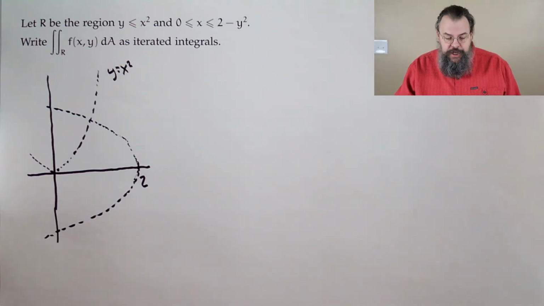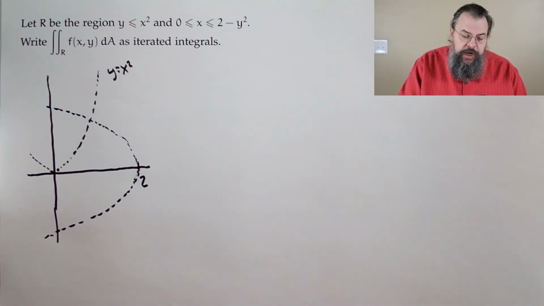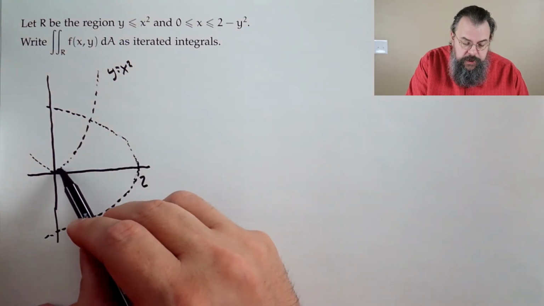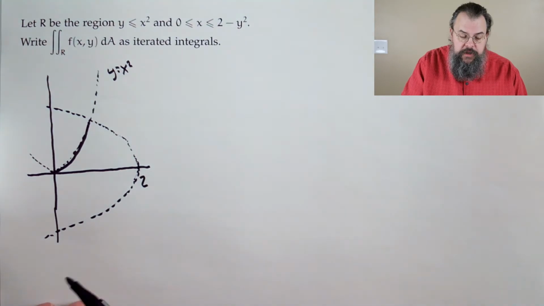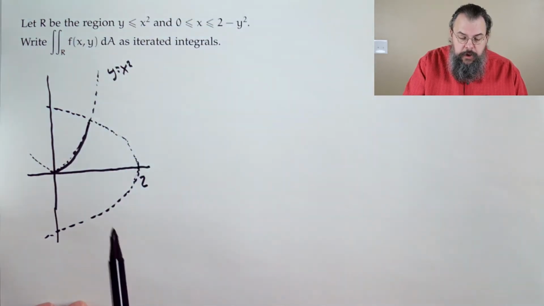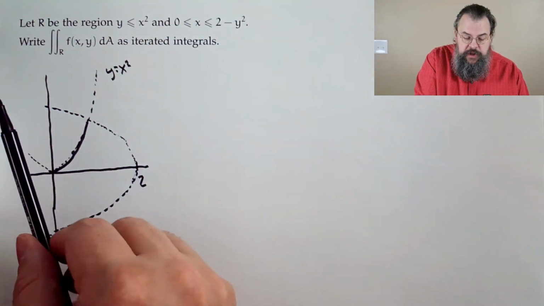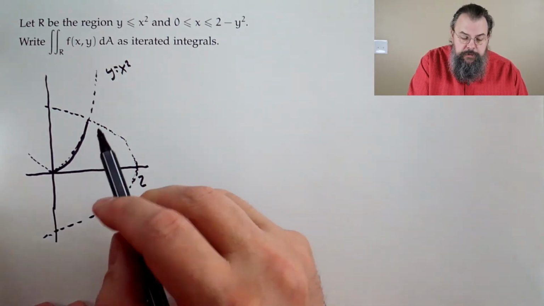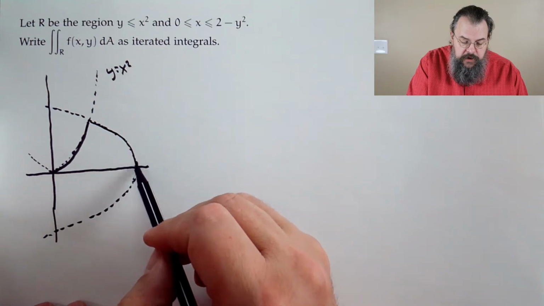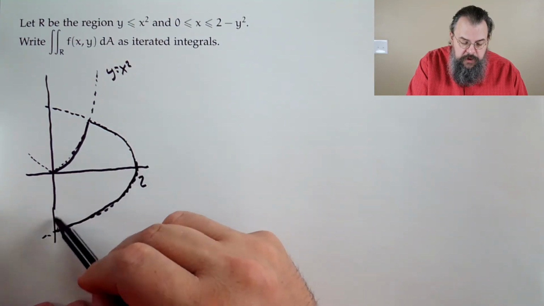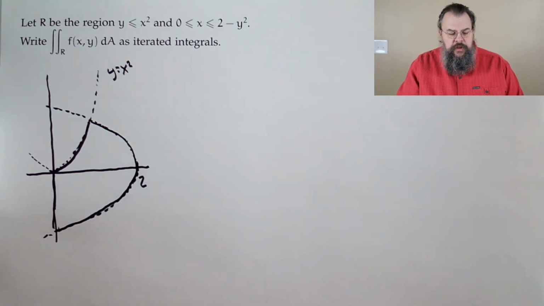All right, so here we go. What is the shape? Well, we've got to be below x squared, so we need to be underneath y equals x squared. Okay, that's good. We've got to be greater than or equal to 0, which means we have to be to the right, and we've got to be to the left of 2 minus y squared. So our shape is that region there.